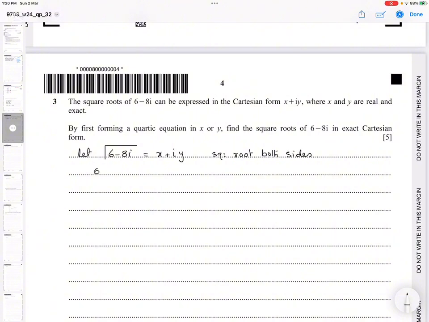So I can write square root of 6 minus 8i equals x plus iy. I'm squaring both sides just to remove the square root. So I get 6 minus 8i equals (x plus iy) whole squared.